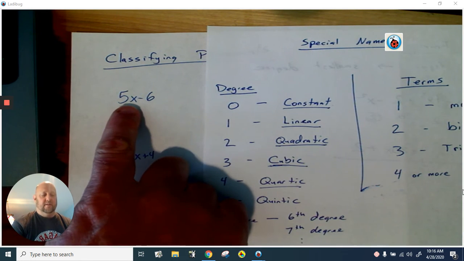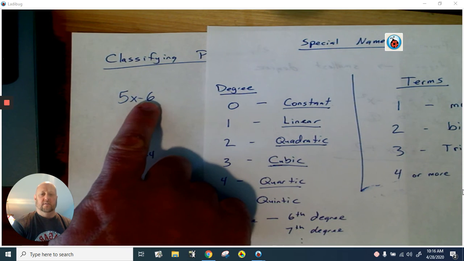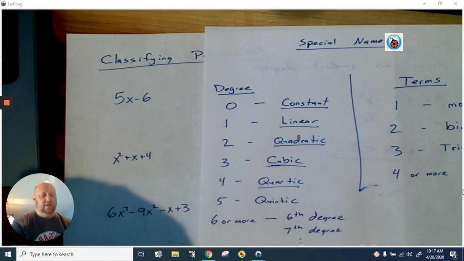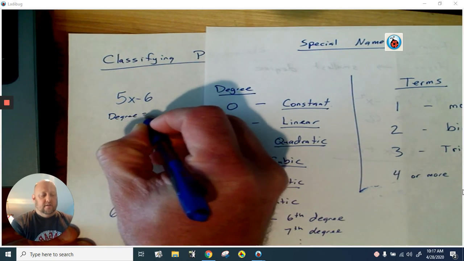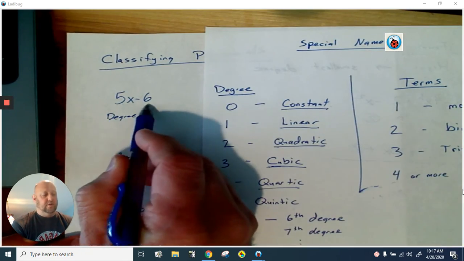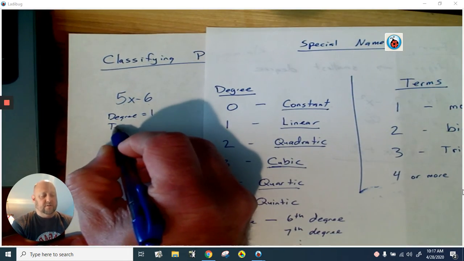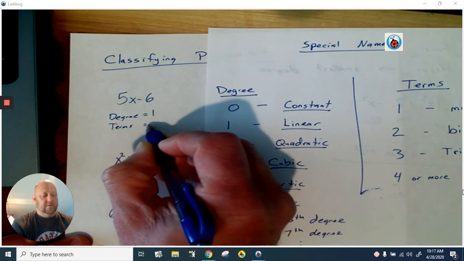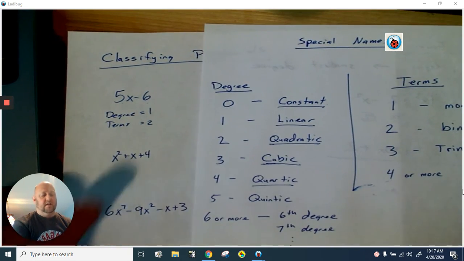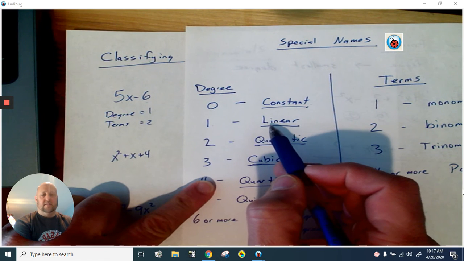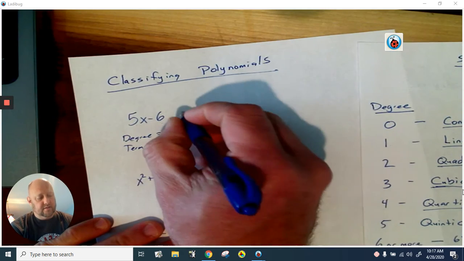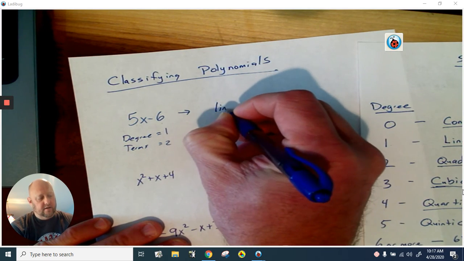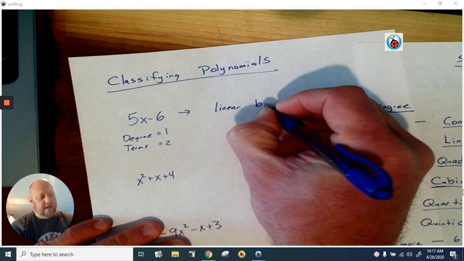This has a degree of 1, right? And then it has 2 terms, right? So the number of terms is 2. So that means it has a degree of 1, which means it's linear, right? It has 2 terms, so it's a binomial. So we would call this a linear binomial.